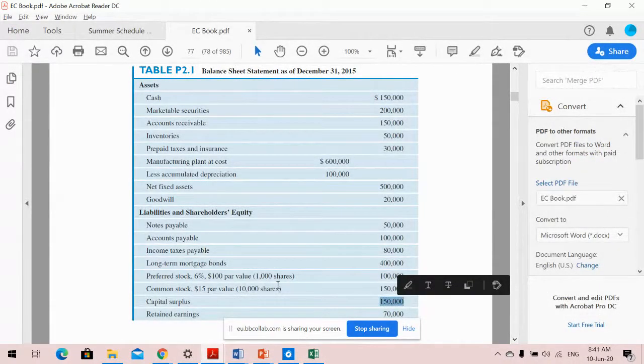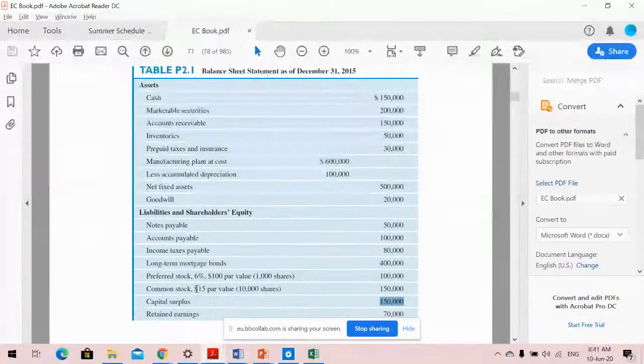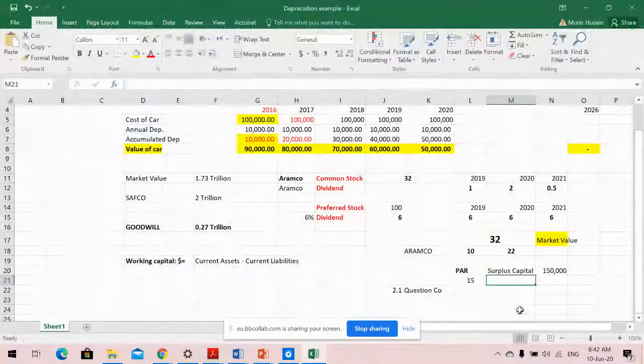How many shares did they sell? 10,000 shares. So total amount is 150,000, right? So we can find out, right? Common shares, not preferred shares. Remember, only common stock has capital surplus. So what is it for one share?